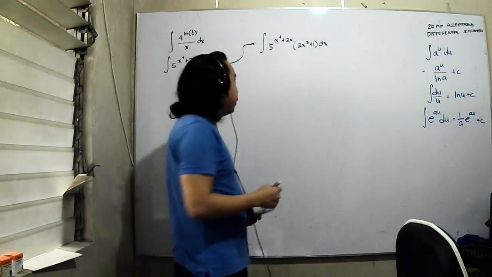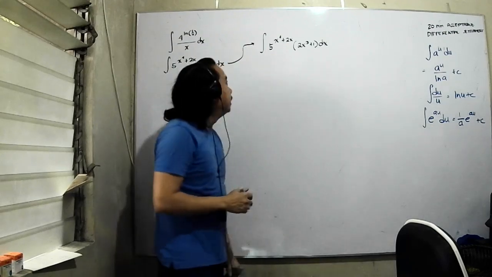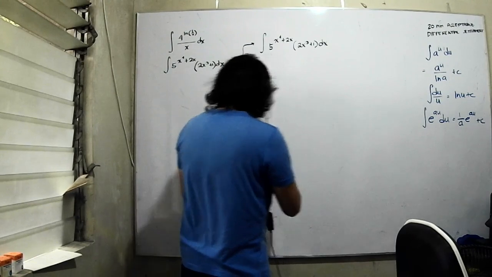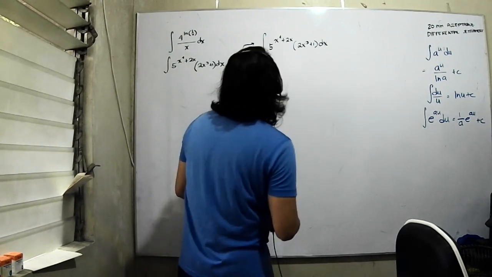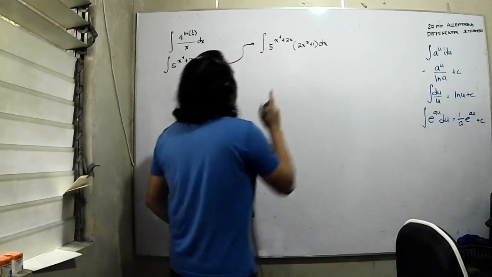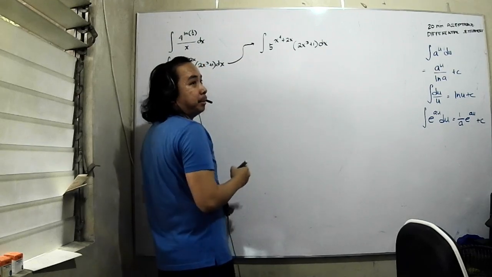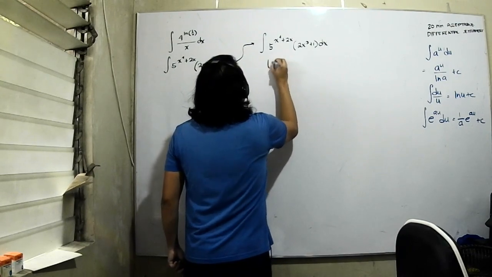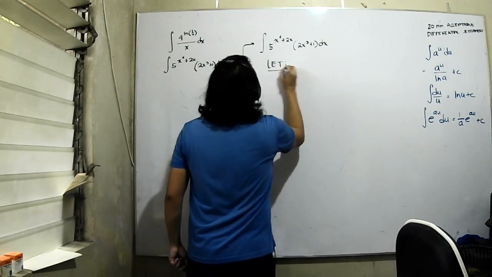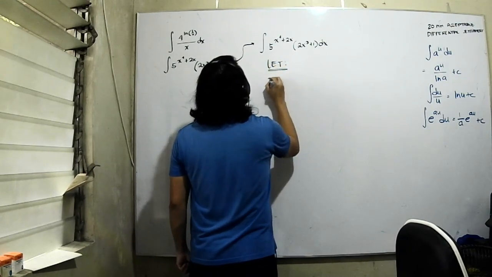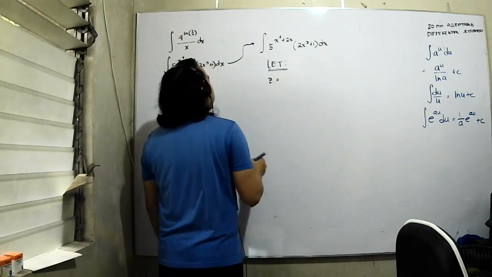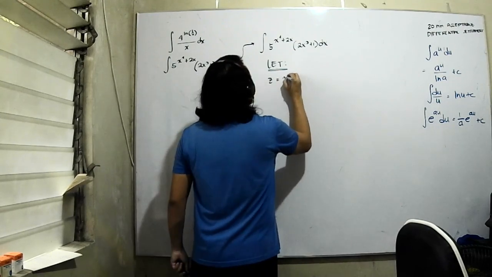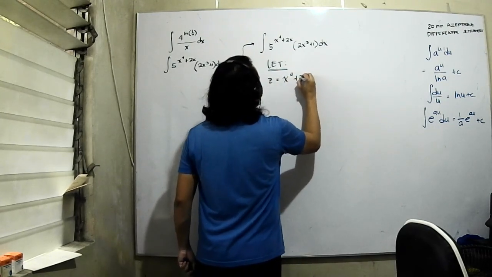Okay. So the integral is our only concern now. Di ba? My tactic is to take the most complicated term and let it be z. Okay? Let z be equal to x to the fourth plus 2x.